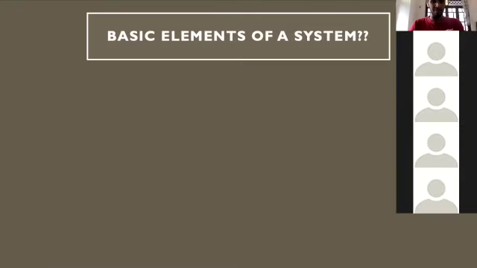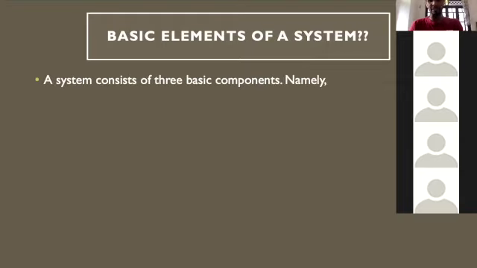Now I will go for some basic elements of a system. A system consists of three components. And we know what is a system: the collection of components all working together to achieve the particular task or goal.